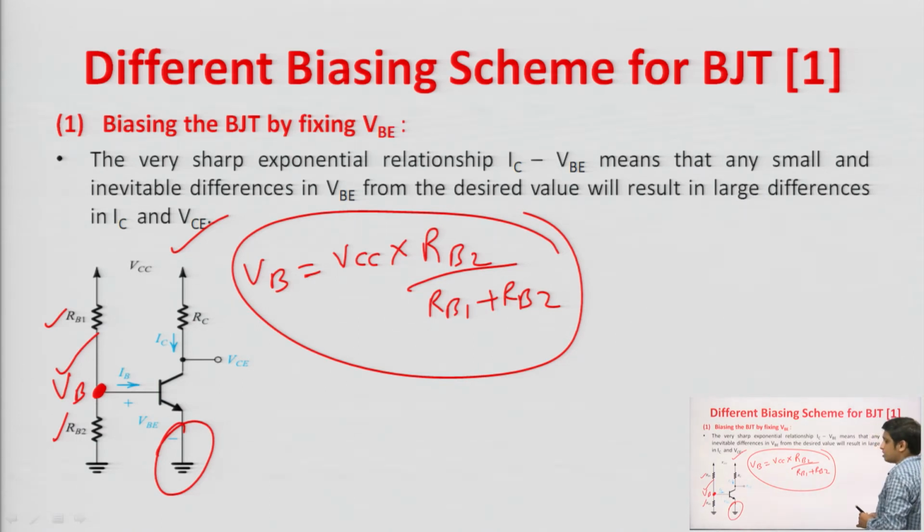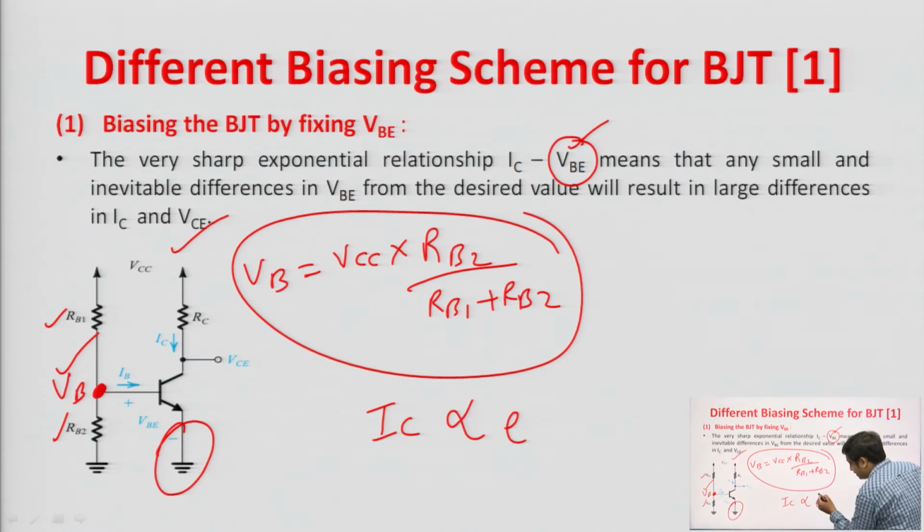if VB changes slightly, because this VB, base to emitter voltage, is a temperature parameter, so if temperature varies, then VB also varies slightly. But the issue is that your collector current IC is directly proportional to e to the power VB by VT.